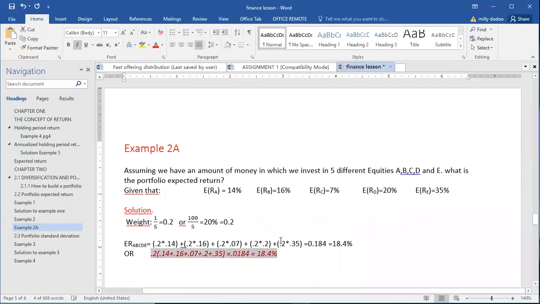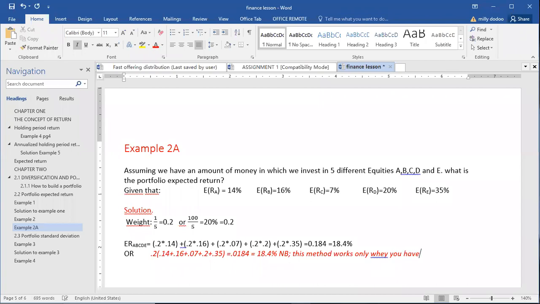So this method works only when you have equal weights, where you bring only one of the weights outside, and it multiplies all the returns.